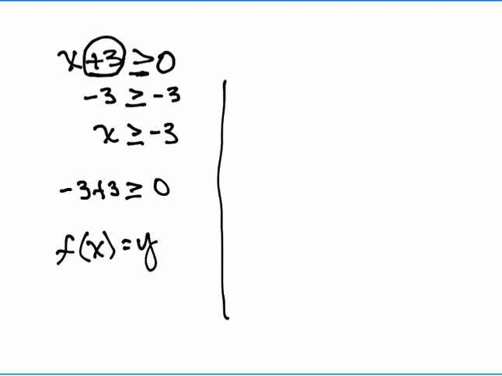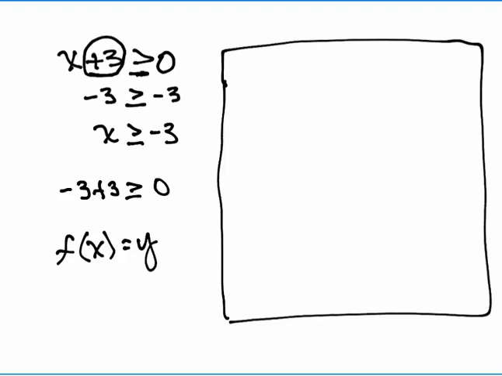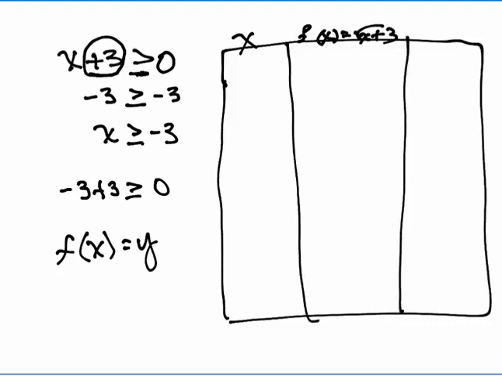So in the table, we are given x, then our function of x equals the radical x plus 3. And for every x that we have, we need to know what our y is, or our f of x.